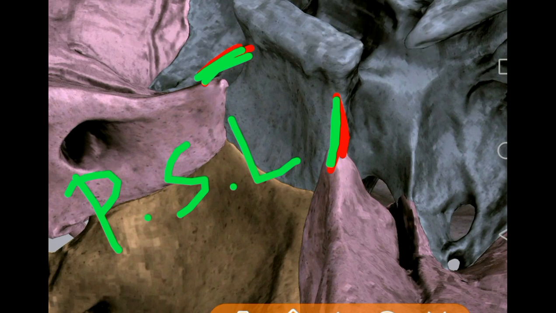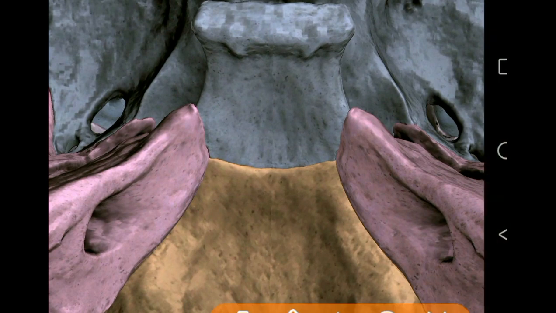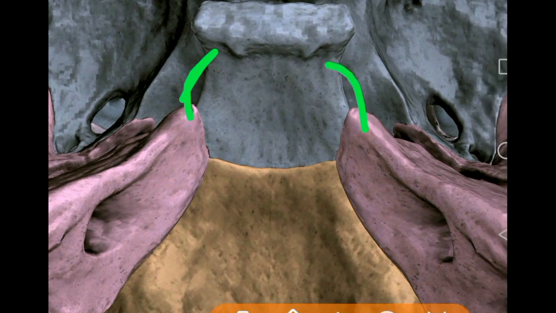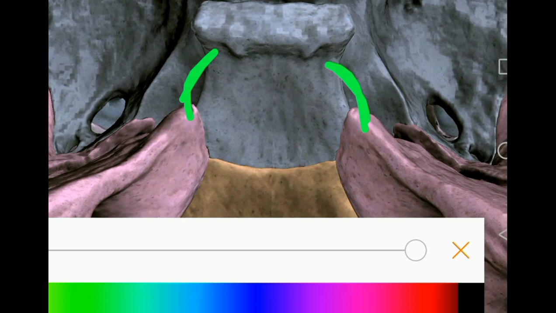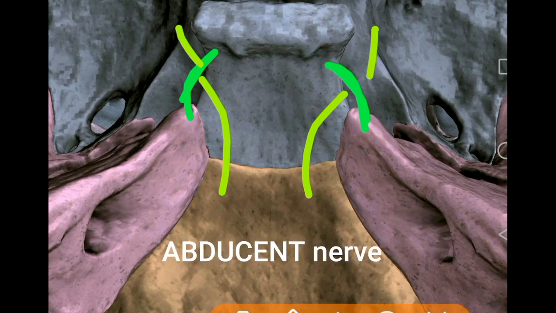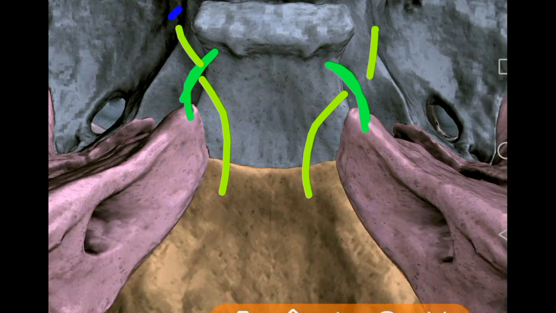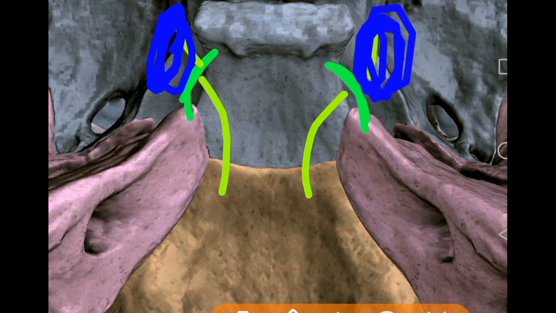Beneath this petrosphenoid ligament, the abducent nerve pierces the dura mater and enters the cavernous sinus. Whereas through the oculomotor trigone, the oculomotor nerve and trochlear nerve pierce which wall of the cavernous sinus? Lateral wall. So the lateral wall of the cavernous sinus is related to the maxillary nerve, ophthalmic nerve, trochlear and oculomotor. You remember that. Whereas the abducent nerve passes through the groove beneath the petrosphenoid ligament and enters the cavernous sinus directly.